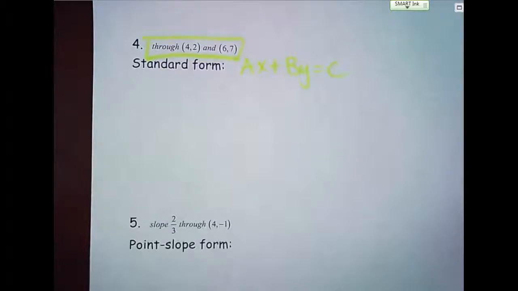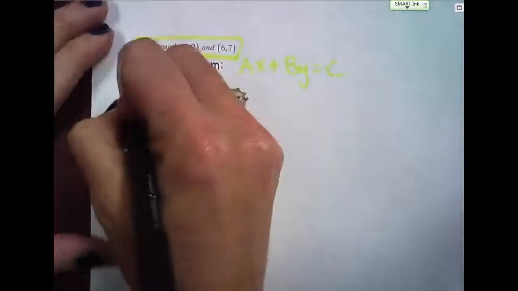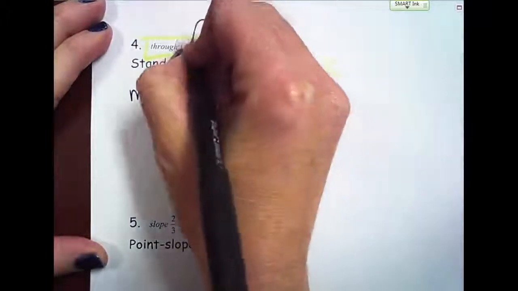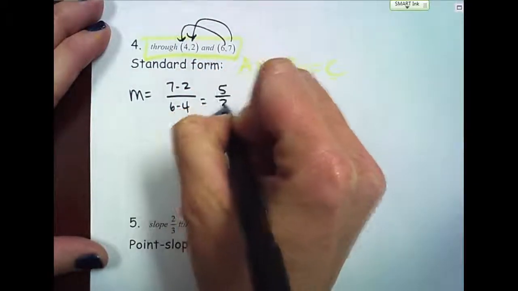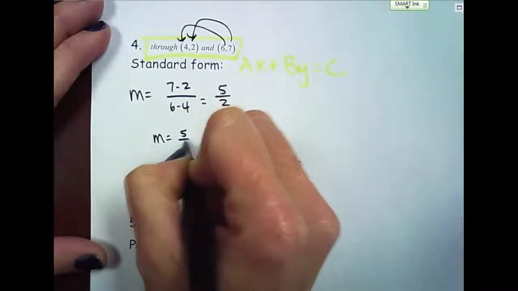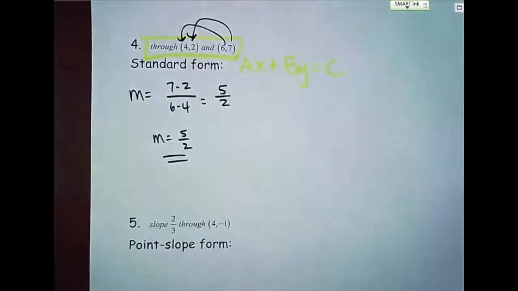Find the slope first. Let's start with that. We go backwards. 7 minus 2 over 6 minus 4. 5 halves. So the slope in this problem is 5 halves. We talked about using a point, so that we all kind of are using the same point.